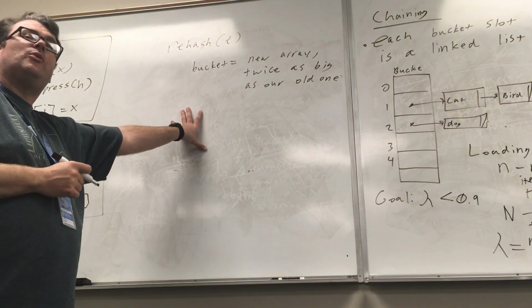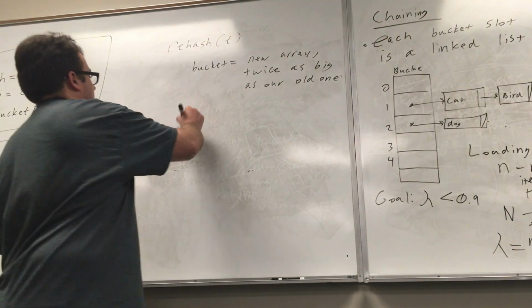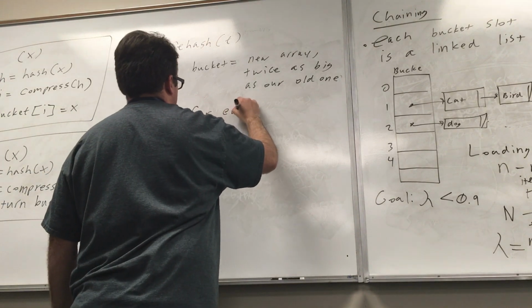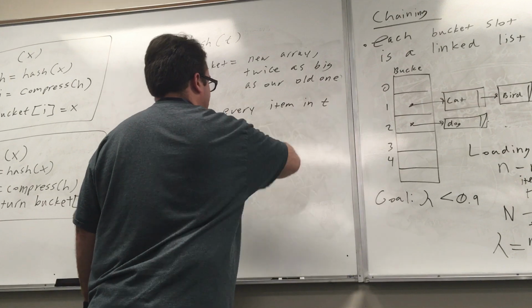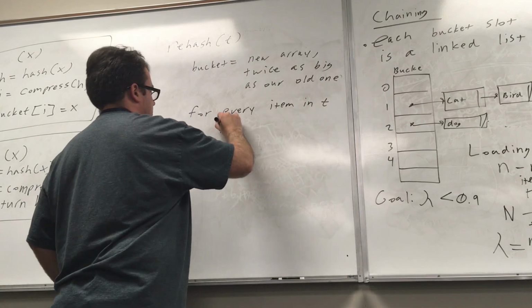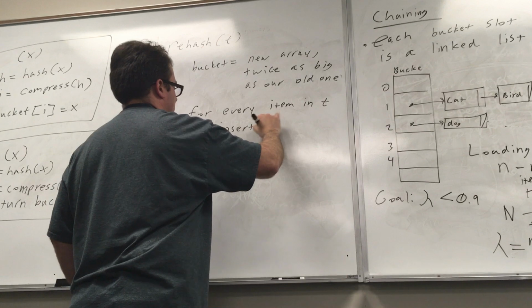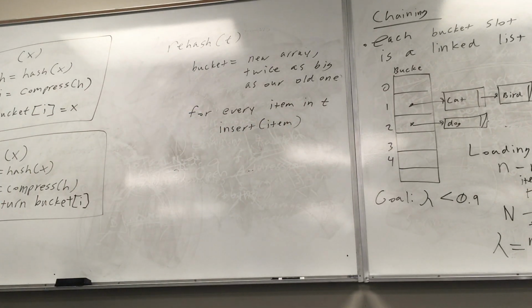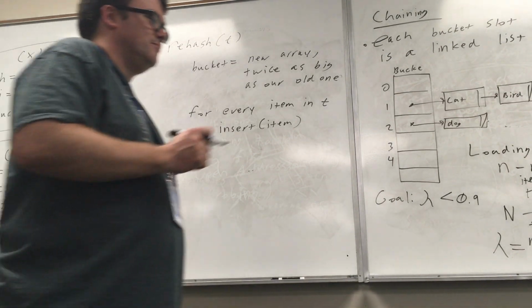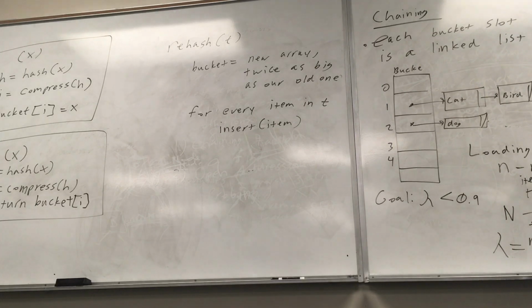We make a new array that's twice as big as the old one, and then for every item in T, we just do insert item. Done. We reinsert all of our items. It's a linear time operation, the same type of operation as if we expanded the capacity of a vector. It's a very practical thing to do. It's really not that hard at all.